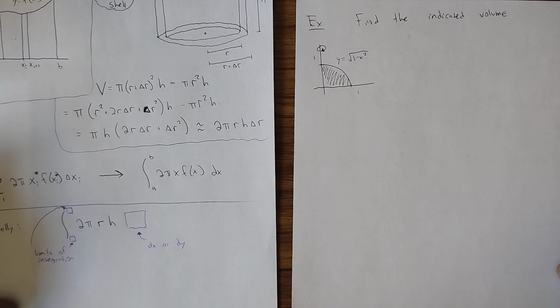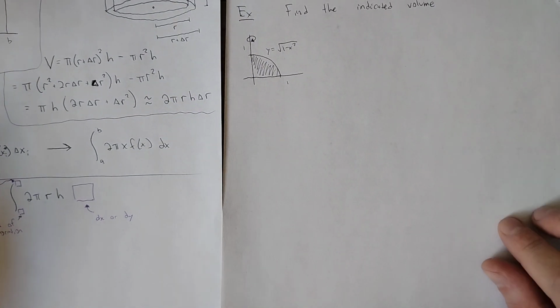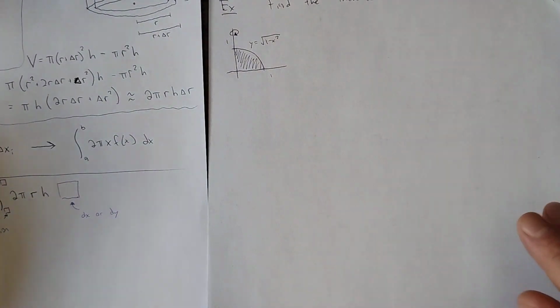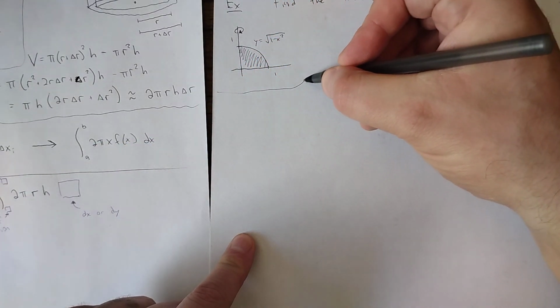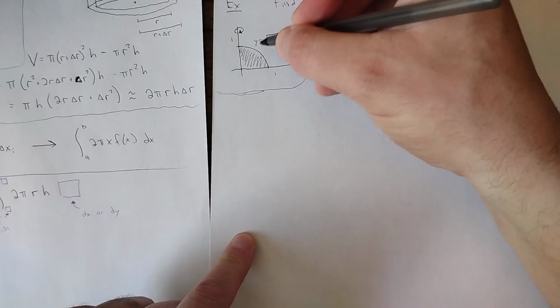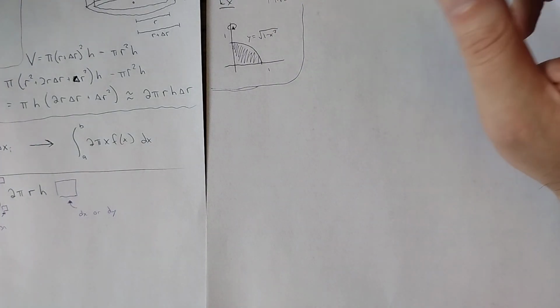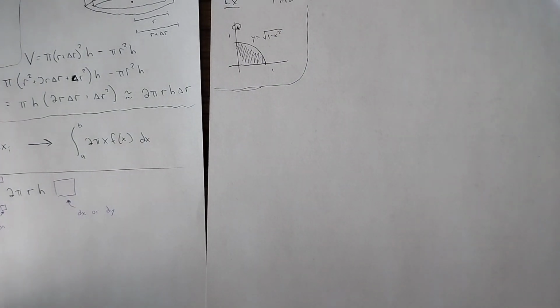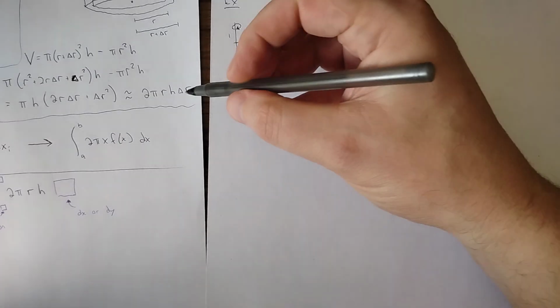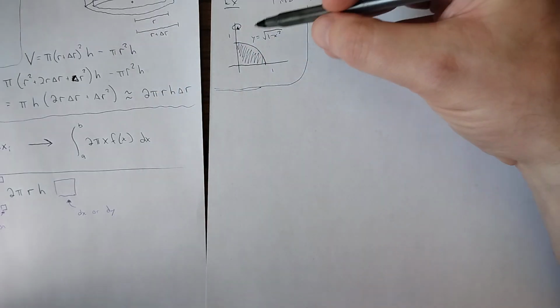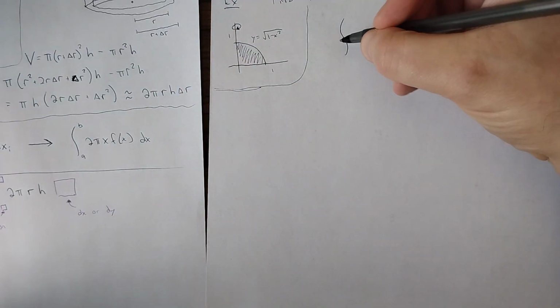Okay, I don't need to fit this whole page on there. So we're using this formula. And this one came with a picture, so let's trust the picture. I'm going to integrate from a to b, so x goes from 0 to 1.